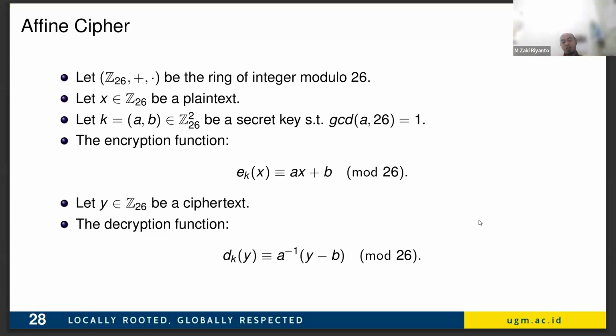Okay, and the decryption function of the affine cipher is given by the inverse of a multiplied by y minus b modulo 26. So it's also very simple.